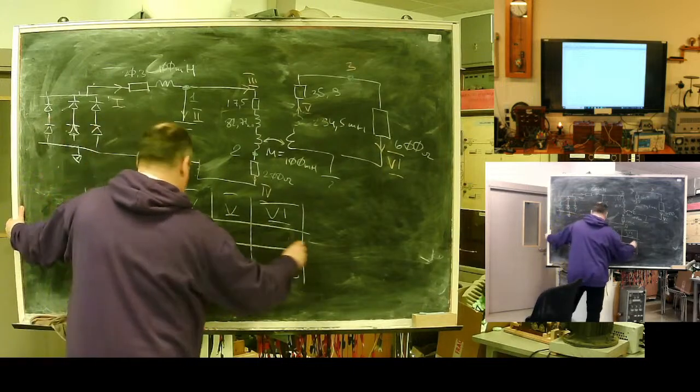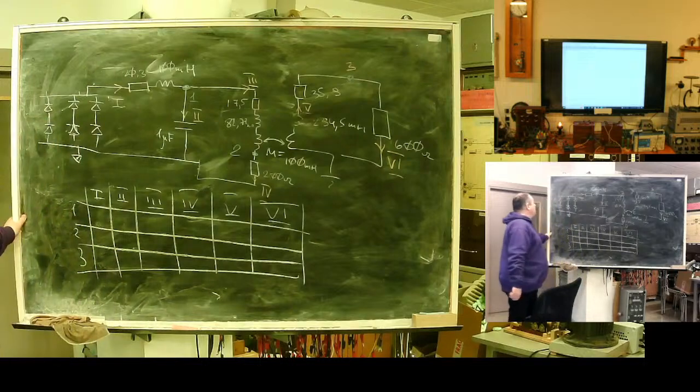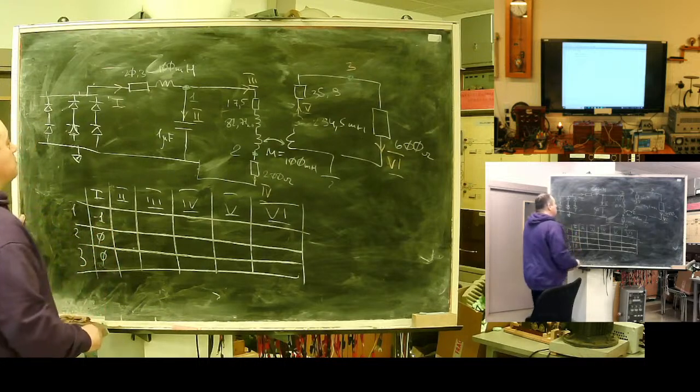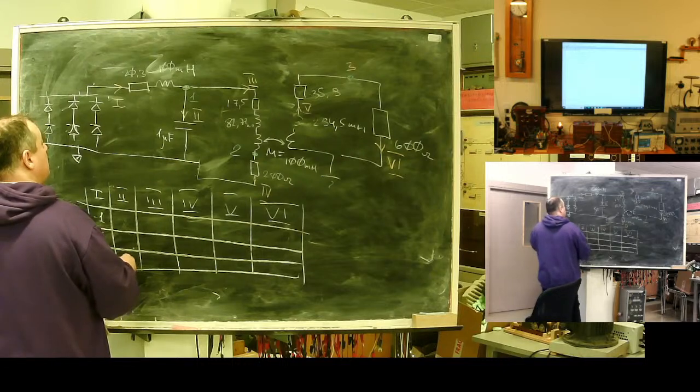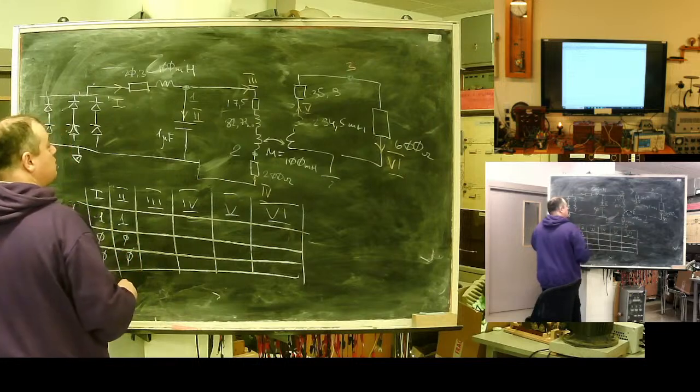This will be for number 1. Okay. Number 1 inflows in first, so -1, 0, 0. Number 2 flows from, so here will be 1, 0, 0.